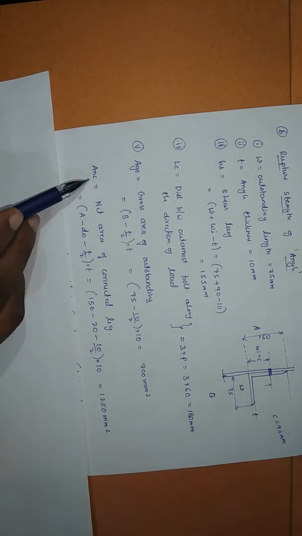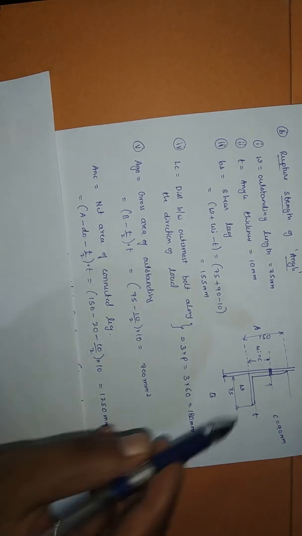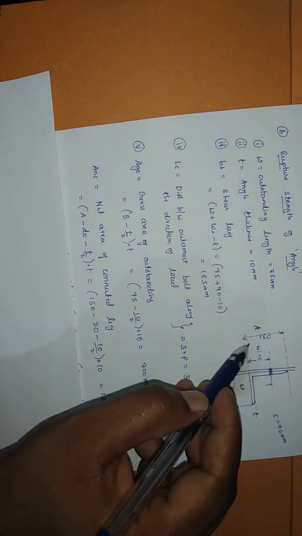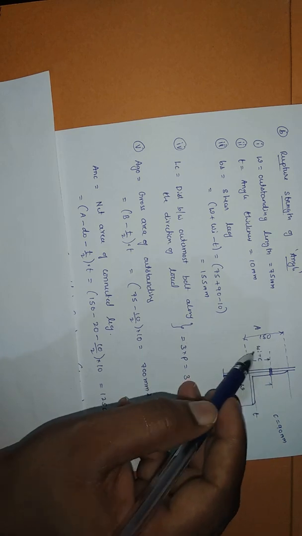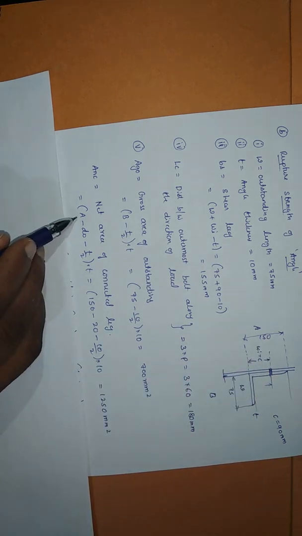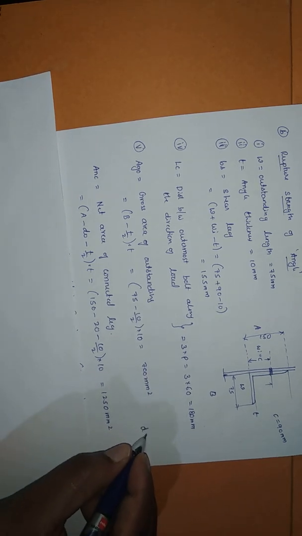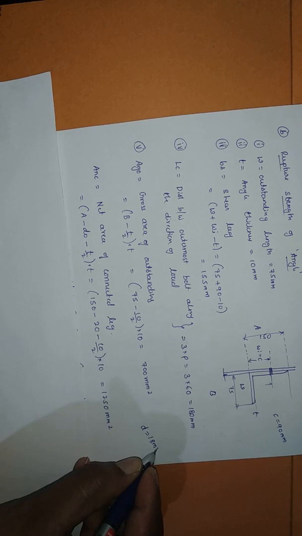Next we calculate ANC, net area of connected leg. This is called the outstanding leg, this is called the connected leg. A, the length of the connected leg, is 150 millimeter. Next, the diameter of the bolt is 18 millimeter.